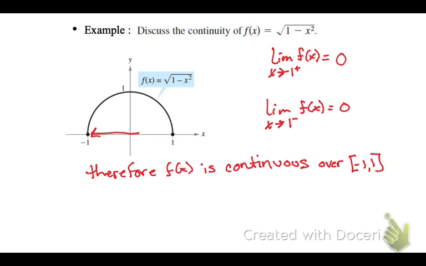Now I have to be specific because I only checked -1 to 1, didn't I? I didn't check anything else. So this is my proof up here, yes? Therefore, f of x is continuous over -1 to 1. Okay? And that's all you're doing, their left and right hand limits today.